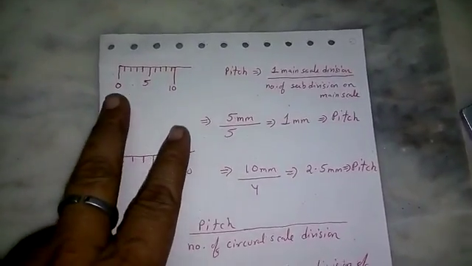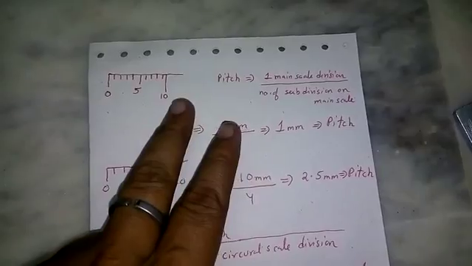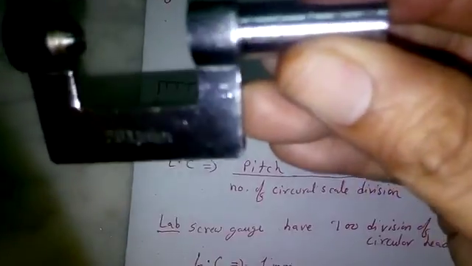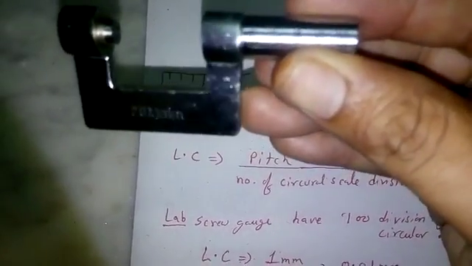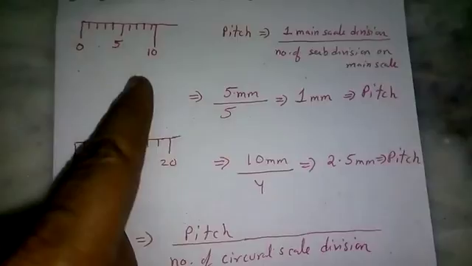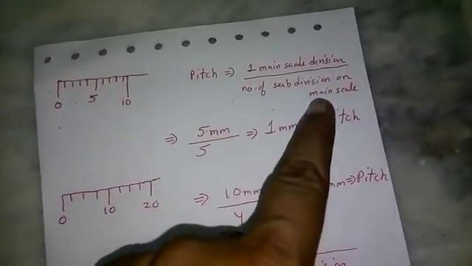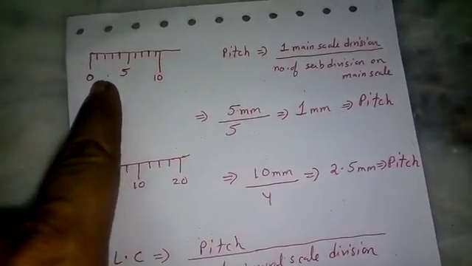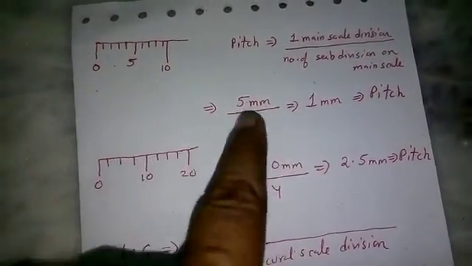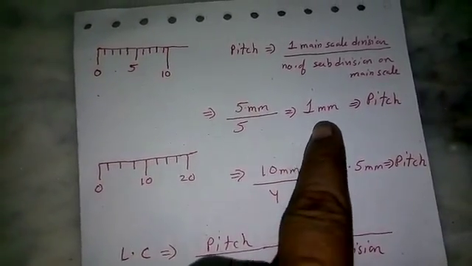This scale has 5 mm, 10 mm, 15 mm and 20 mm, because it is of 20. Between 0 and 5 there are subdivisions. How many subdivisions can we see? There are 5 subdivisions. So the pitch of this screw gauge is 5 mm upon 5 divisions, which simply gives 1 mm.